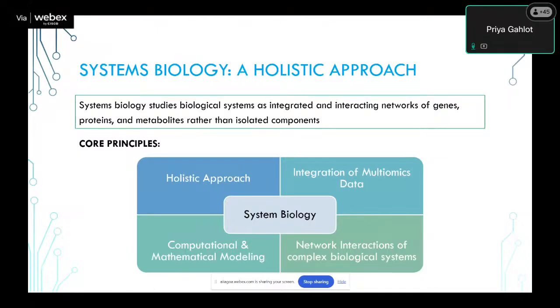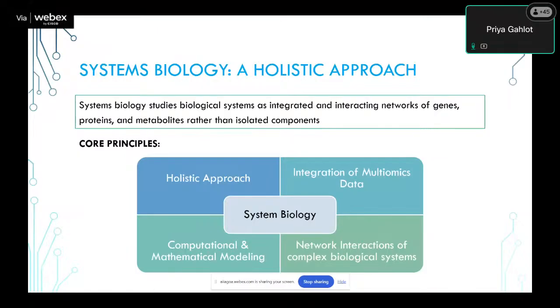There is computational and mathematical modeling data we use for systems biology. There is network interaction of complex biological systems. So the main principle of systems biology is that we are referring to a holistic approach.